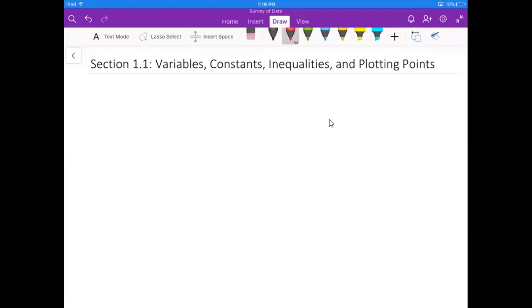All right, so the first thing we want to talk about is the difference between a variable and a constant. I'm going to start with a little definition of both. So a variable, what is it?